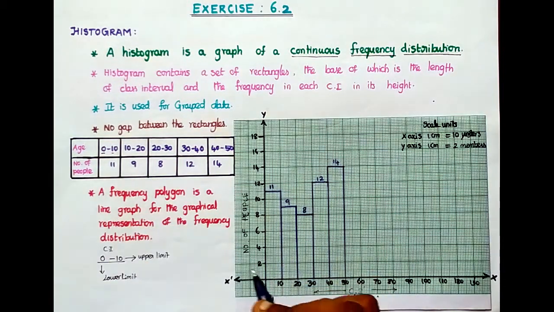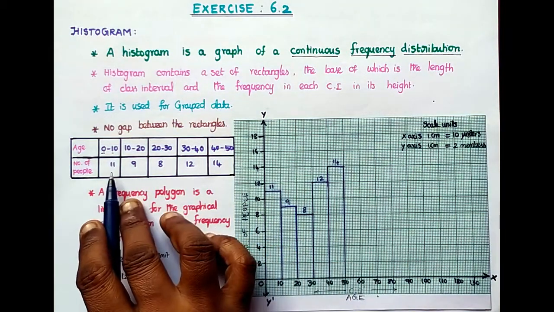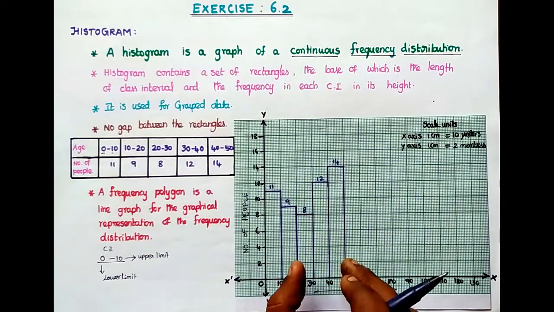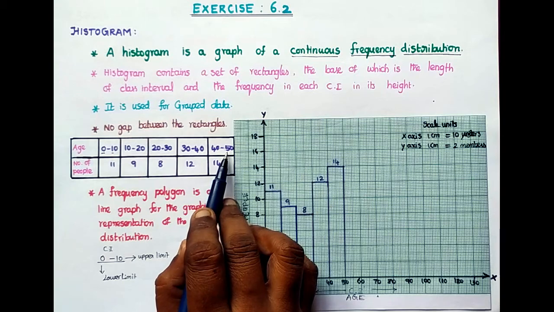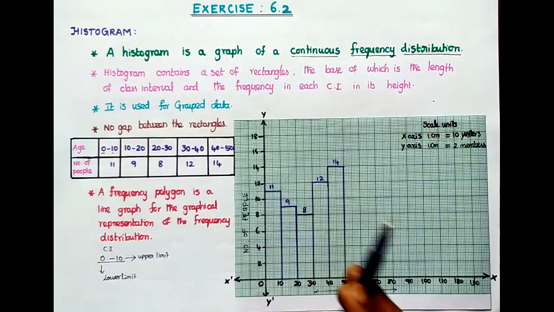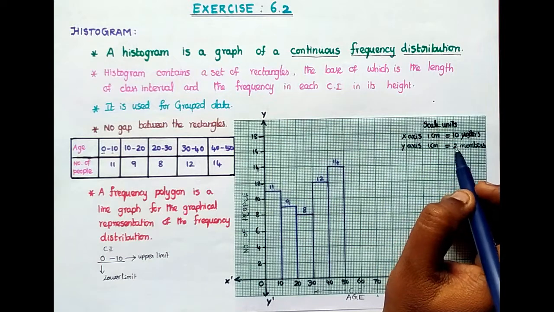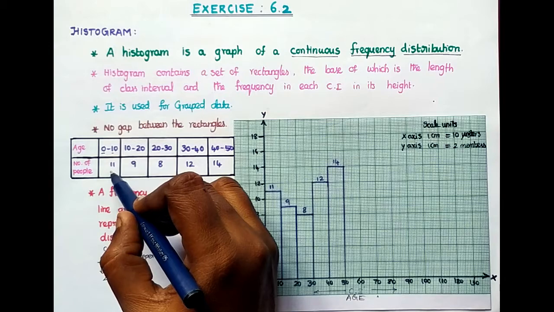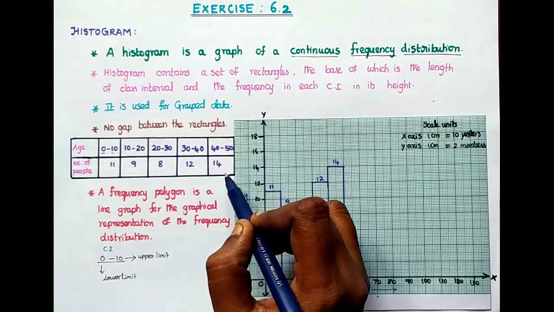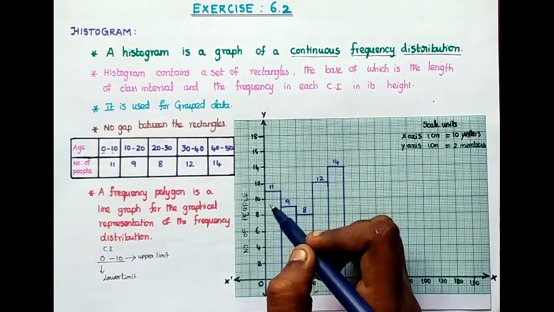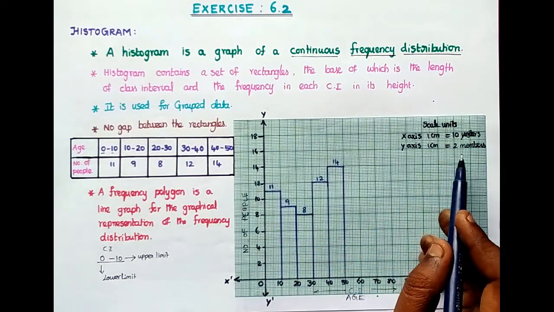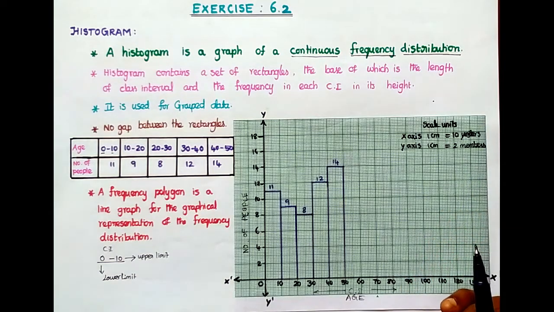Listen, now 0 to 10, how many members? 11 members. Here the maximum number is 14, so take the scale on the y-axis as 1 centimeter equal to 2 members.